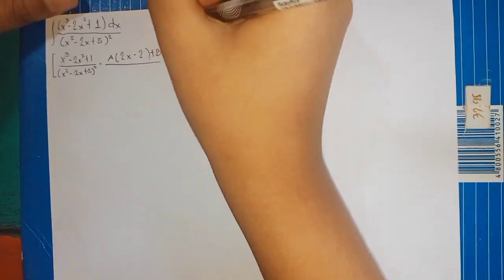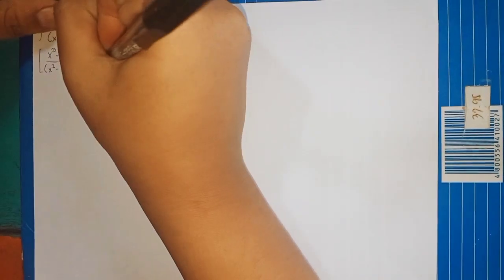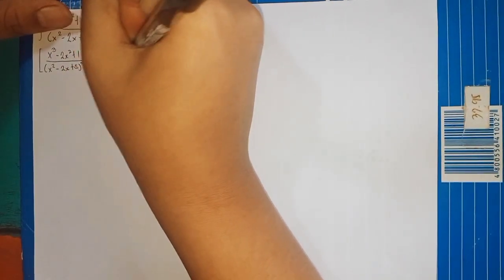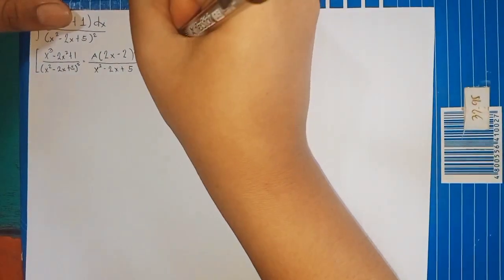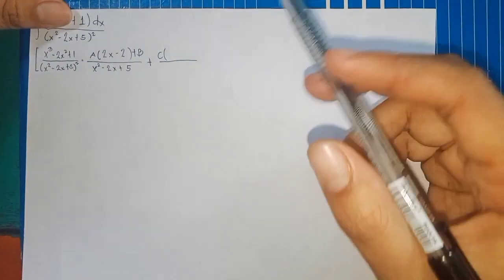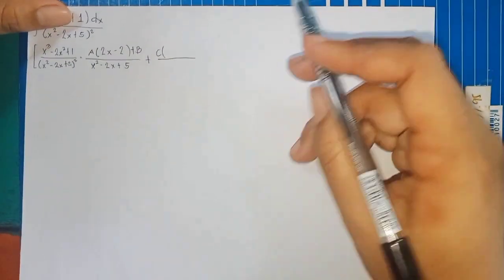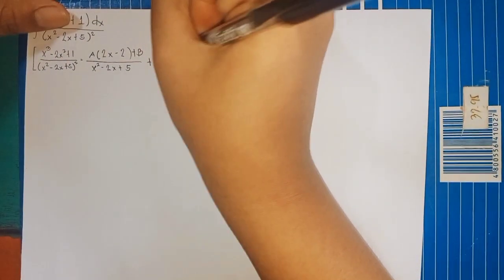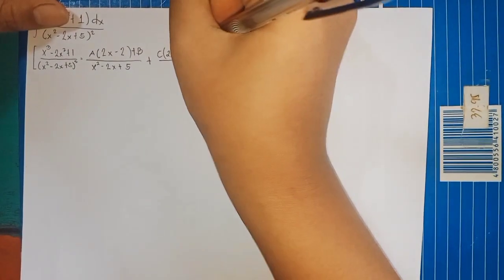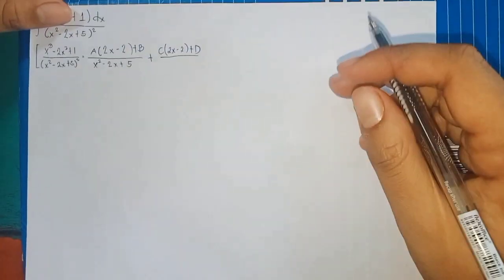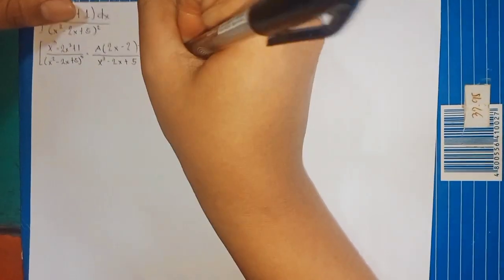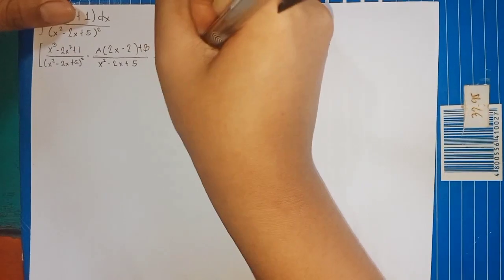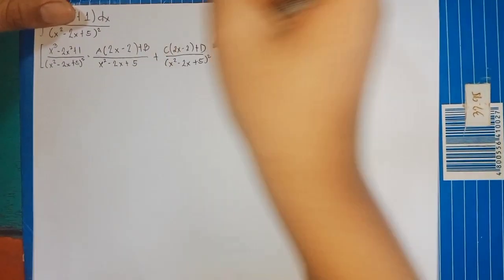all over the denominator x squared minus 2x plus 5 plus our c. Then we will get again the derivative of the denominator, 2x minus 2 plus d. Then we just need to copy the denominator, quantity x squared minus 2x plus 5 squared.